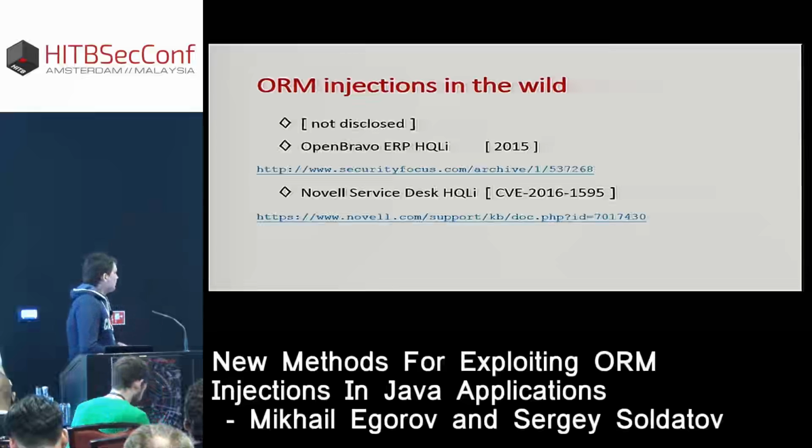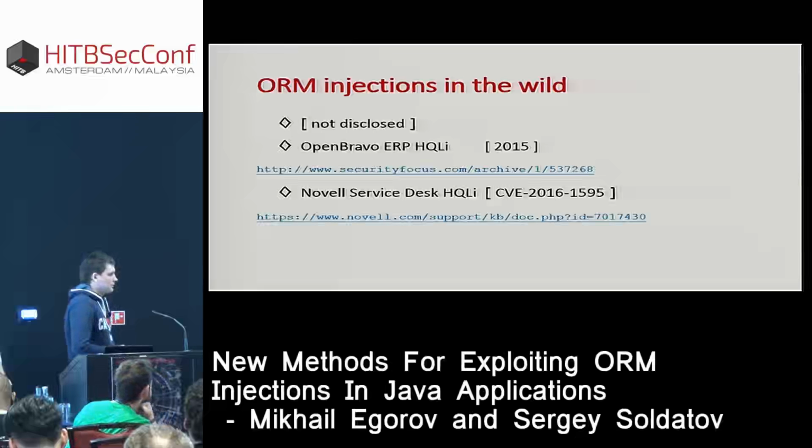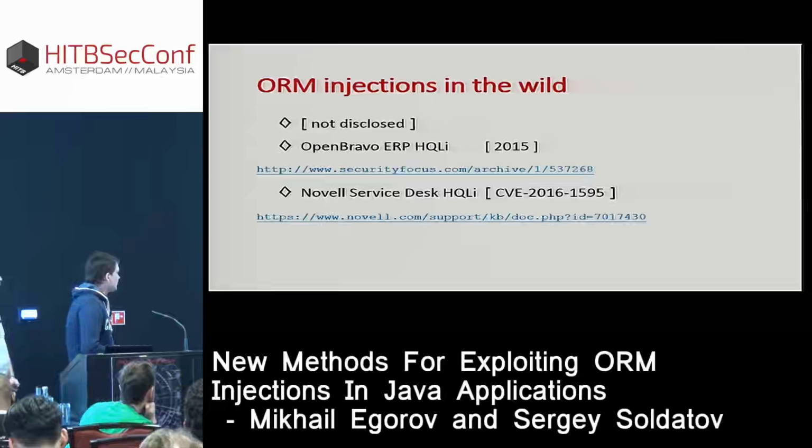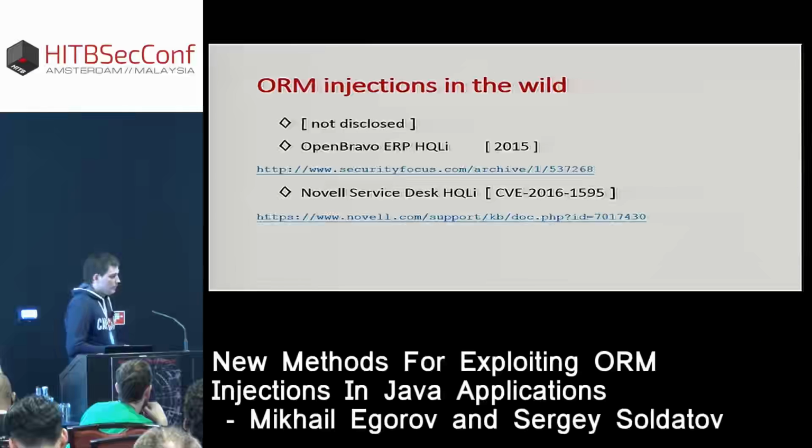So here you can see a short list of vulnerabilities from the last year that I'm aware of. The first example is an HQL injection I found myself internally when I performed a security assessment of our products.